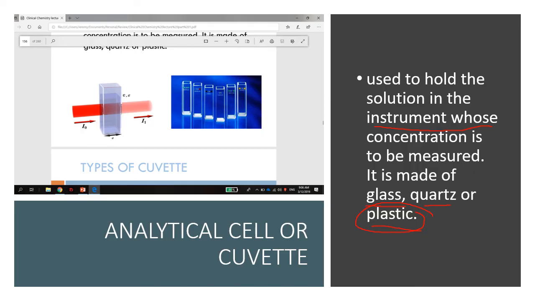So madaling magasgasan yung surface niya. As opposed to glass, which is harder than plastic, mas matagal yung lifespan, but mas mahal pati. Okay, so in analytical laboratories, what you're going to encounter is plastic, most commonly, or glass test tubes. Si quartz, kadalasan ginagamit lang siya for research because it's much more clearer than the other two.